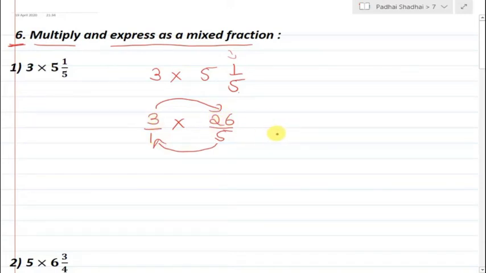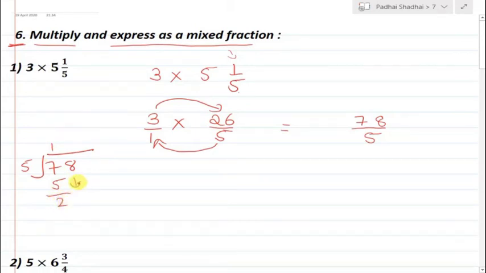Here we will first check if it is possible to cut, if not, then we will move further. So here 3 into 26 and 5 into 1, let us multiply it. 3 sixes are 18 plus 1, 3 twos are 6 plus 1, 7, so 78 by 5. Now we also have to convert this into a mixed fraction, beta, remember it. So we will have to divide 78 by 5. 5 ones are 5, we have 2 left as a remainder, we will take 8 down.